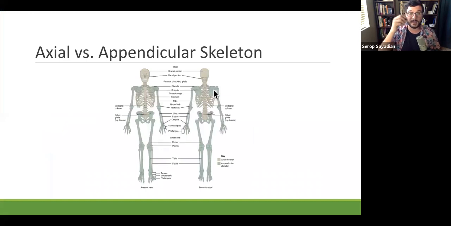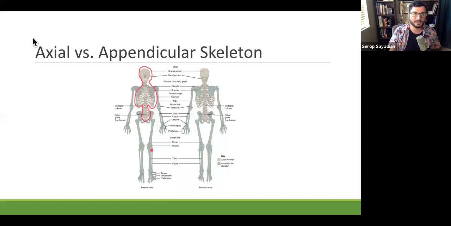First off, we need to define what the axial skeleton is. The axial skeleton is going to include the skull, the spine, and the rib cage. So what I'm drawing here, this is the axial skeleton. This is what we're learning today. We're not going to learn the bones in the arms and legs today.